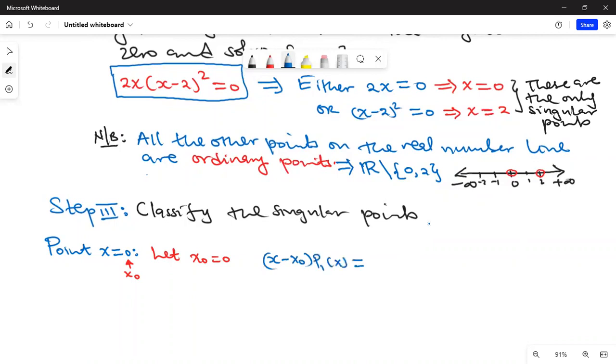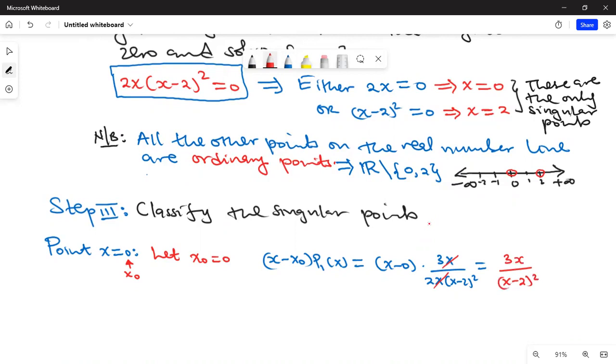What is it? It is x minus 0 times our p1 of x, we got 3x over 2x into x minus 2 squared. And when you simplify this, this x and this other x will cancel. So it's like we have 3x over x minus 2 squared.